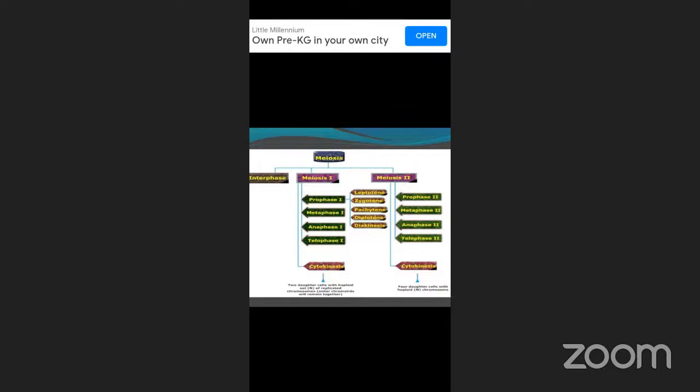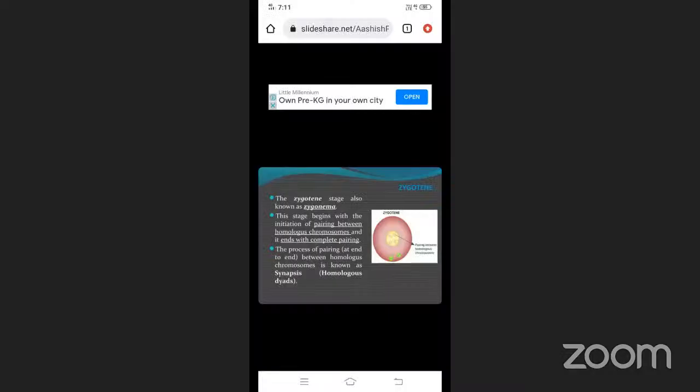Another one is zygotene. See here the diagram, the picture of zygotene. The chromosomes become short and denser. Here two homologous chromosomes, one derived from the female and the other from the male parent, start pairing with each other.